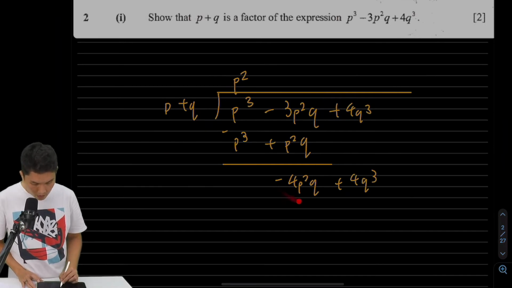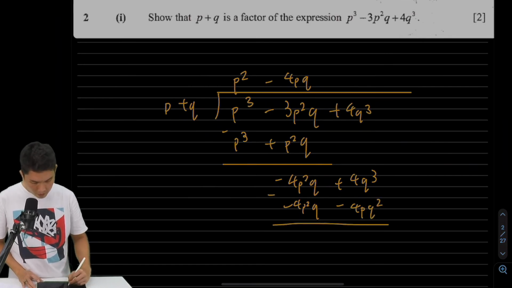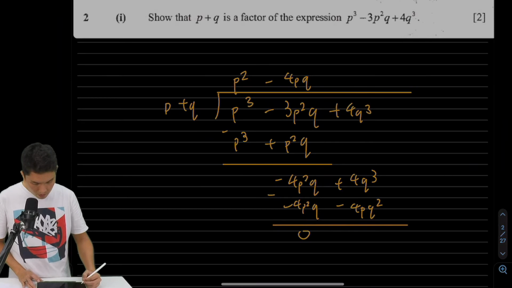Now, how do I resolve this term? I need to multiply by a negative 4pq. That'll give me a negative 4p squared q, negative 4pq squared. And if I subtract, this will be a 0, and I'm not going to write it down since it's a 0.